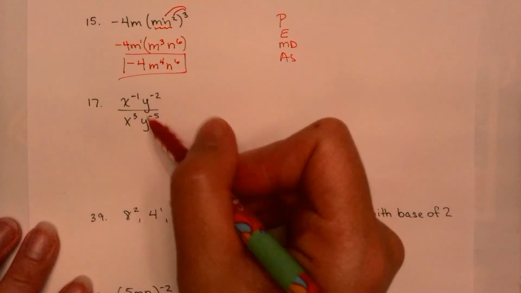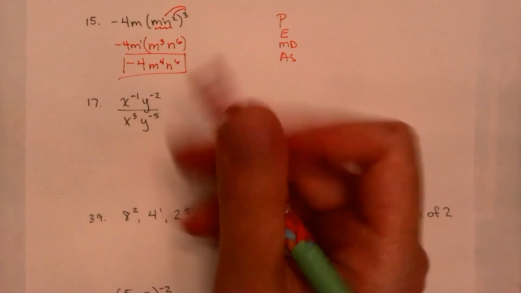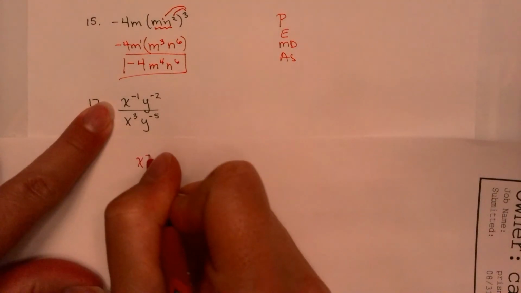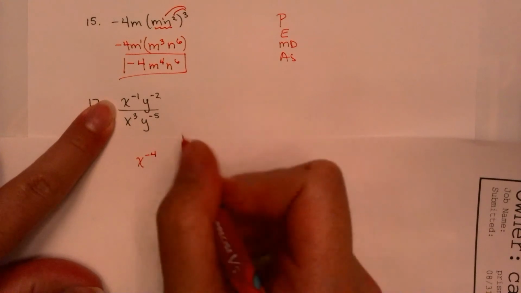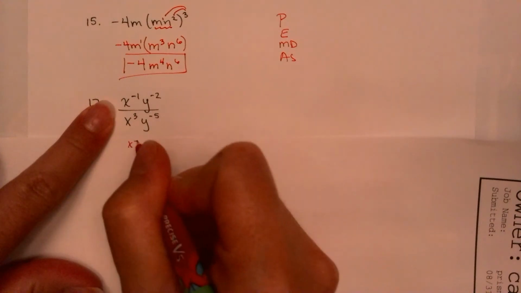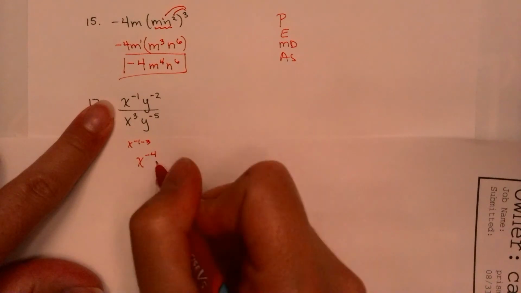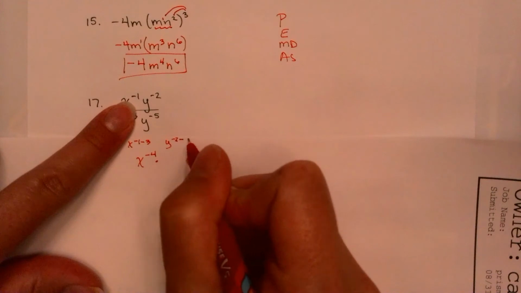But this is where people mess up if they try to follow the rule. Let me grab a piece of paper here. So this is what I was talking about. Some people will do this as x to the negative 4th because they take x to the negative 1 minus 3, that's x to the negative 4th. Times, and then they do y to the negative 2nd, but it's minus a negative 5.